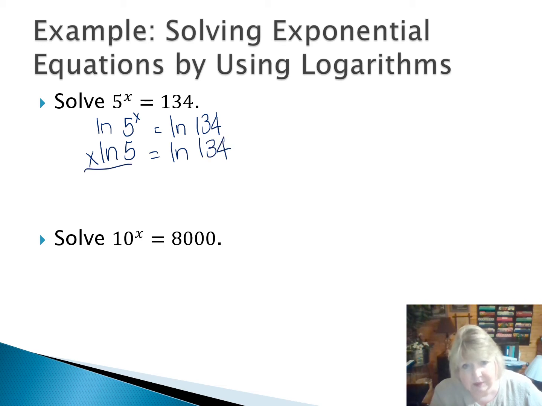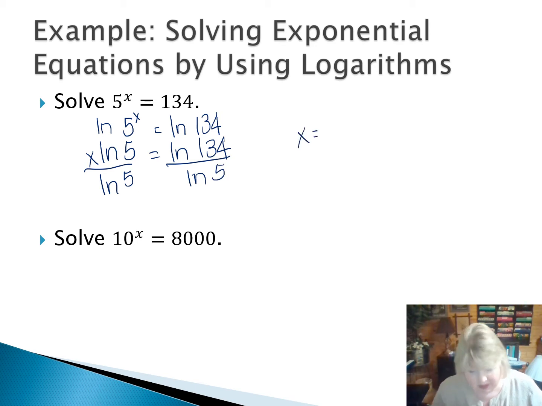Since they multiplied my x by the natural log of 5, I'm going to divide both sides by the natural log of 5. And that's when I'm going to reach for my calculator, because now I've got x equals natural log of 134 divided by natural log of 5.